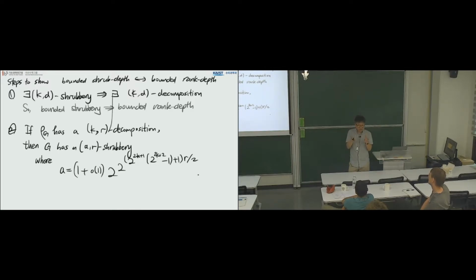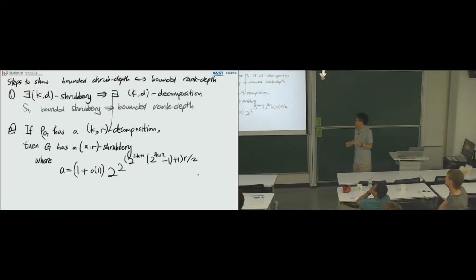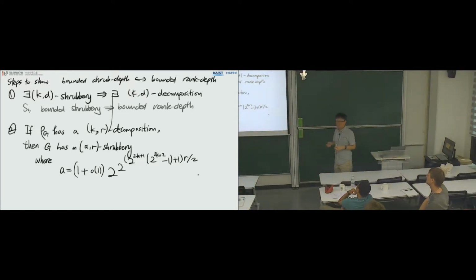You want to find the smallest graph containing every k-vertex graph or something. Then there is some bound, and we use that to encode things. Okay, so that's what we have. But anyway, that just means that you have bounded shrub-depth.